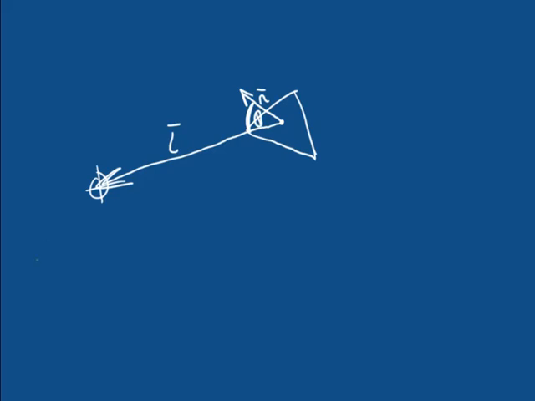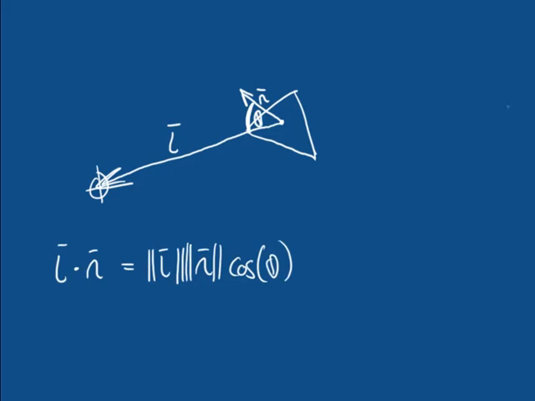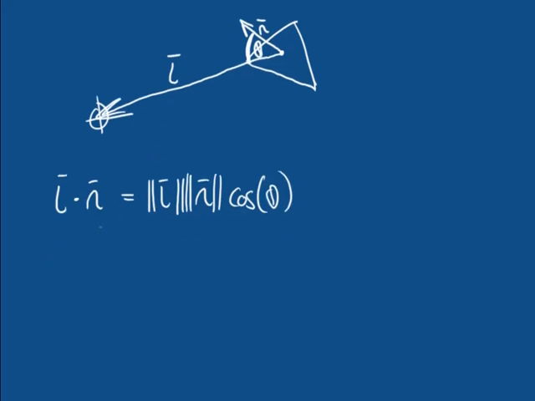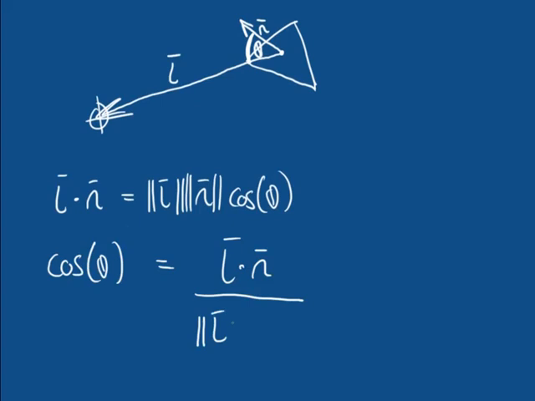So we know that L dot n is equal to the length of L multiplied by the length of n multiplied by the cosine of that angle, which means we can rearrange this to find the angle, because we know that the cosine of the angle is equal to L dot n divided by the length of L times the length of n.